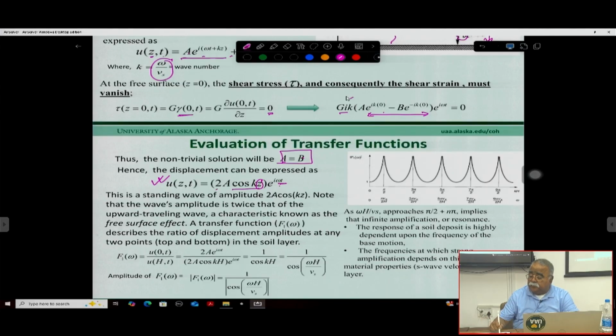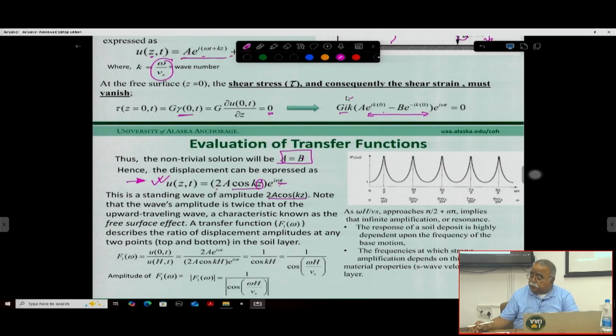When you recollect your physics, this wave we call a standing wave, because it has an amplitude of 2A cos(kg), right?